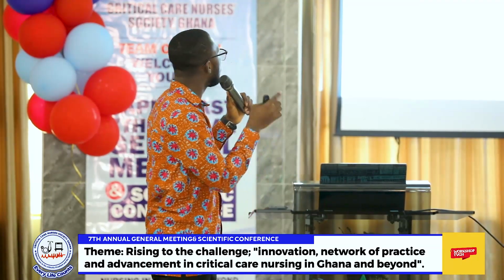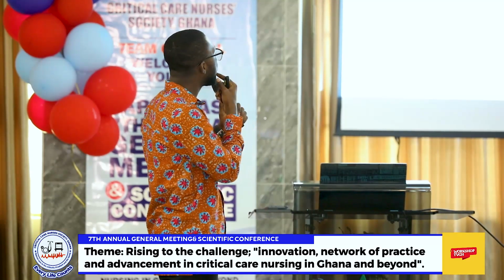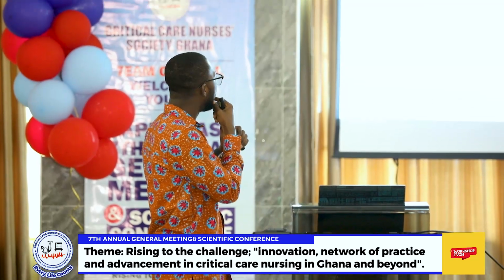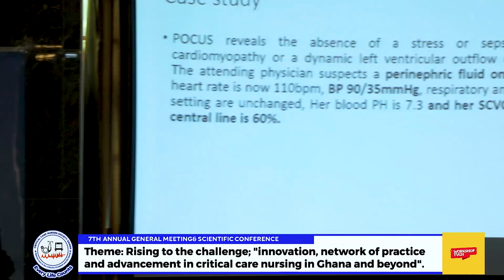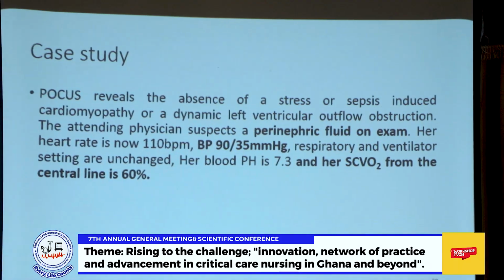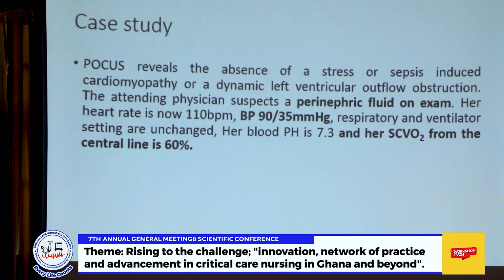So POCUS reveals the absence of stress-induced cardiomyopathy, but we think the person has a perinephric fluid collection. That's an abscess. The heart rate is 110, BP is 90 over 35, pH is 7.3, and then central venous oxygen saturation is 60.